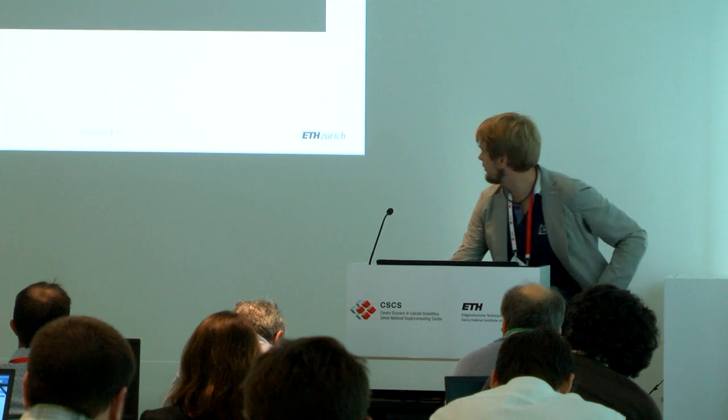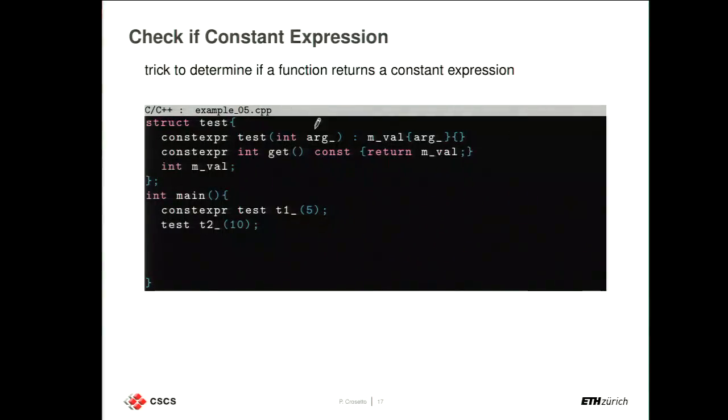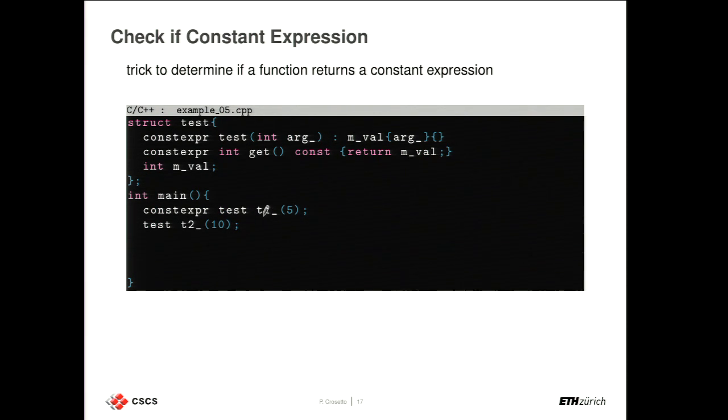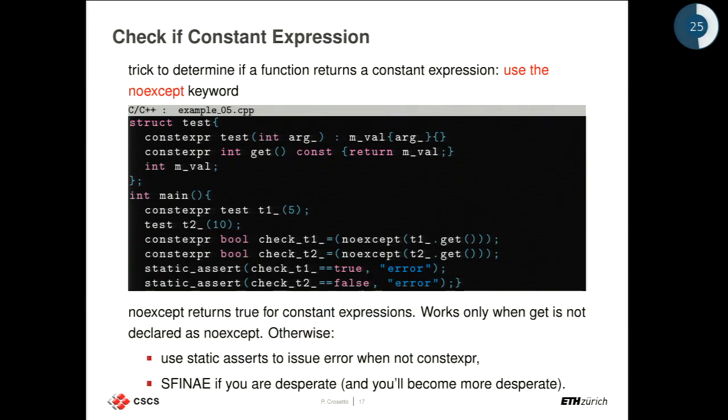Let's say that you have this struct, which has a constexpr constructor and constexpr get, and you want to separate the two cases. So now we have one which is a constant expression and one which is not. What you can do is use the noexcept keyword.